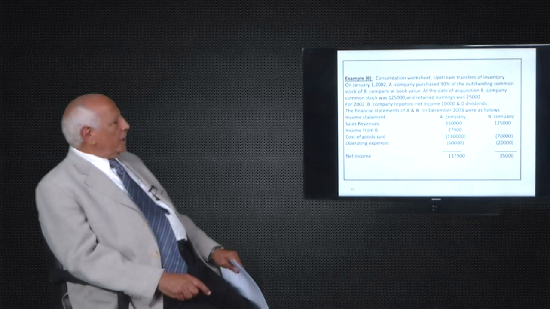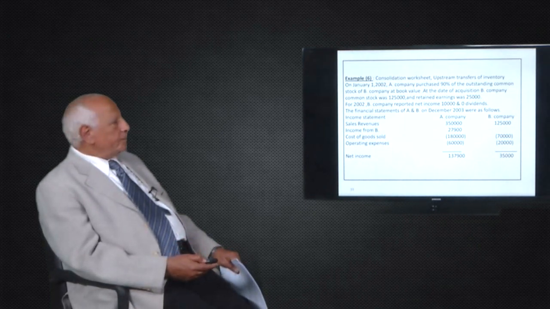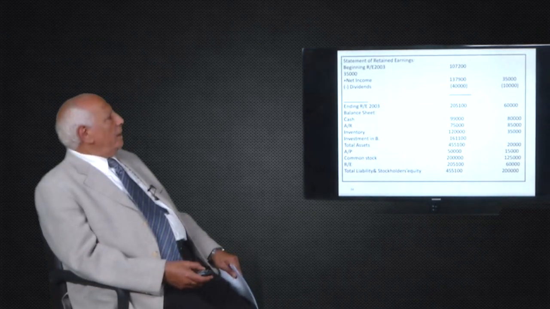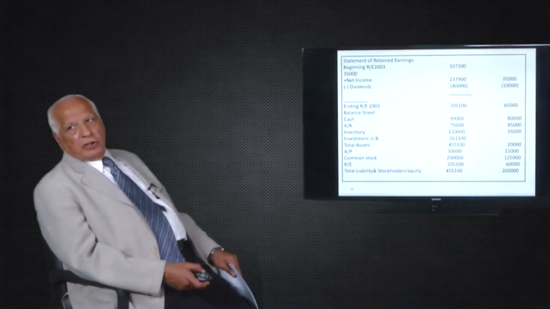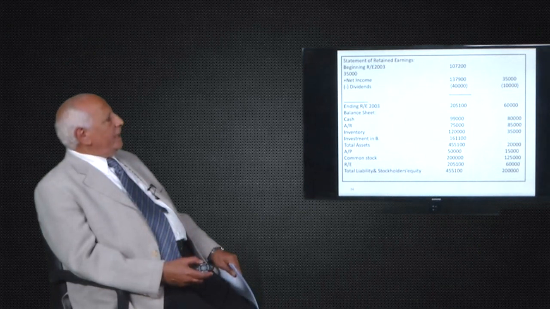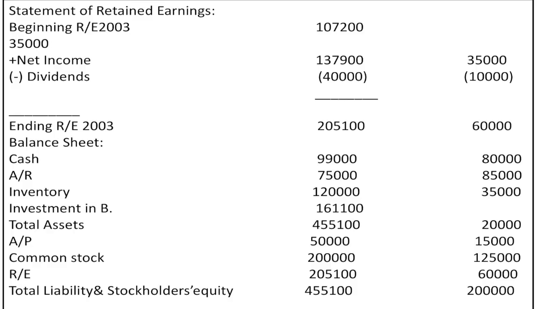It gives you net income for company A and company B. Statement of retained earning. Remember, one by one. Beginning retained earning, and it's also 35,000. Plus net income minus 4,000. It gives you at the end the amount for this one.